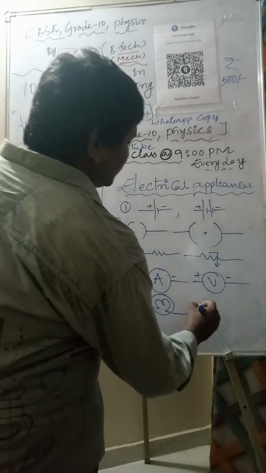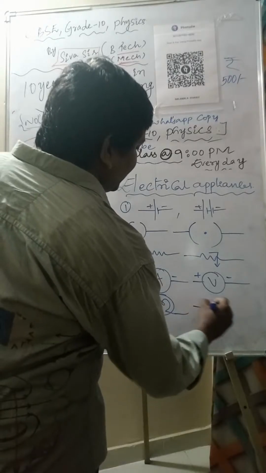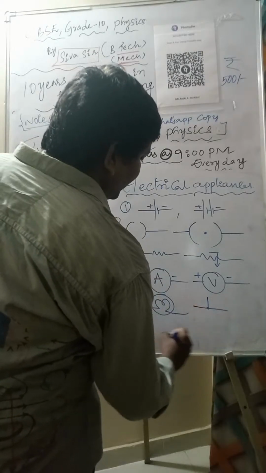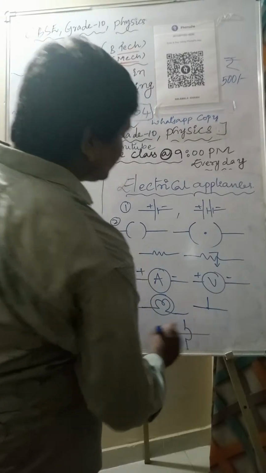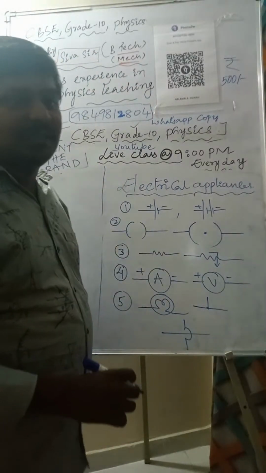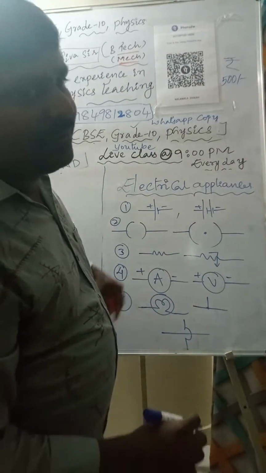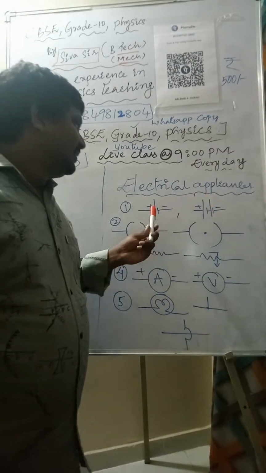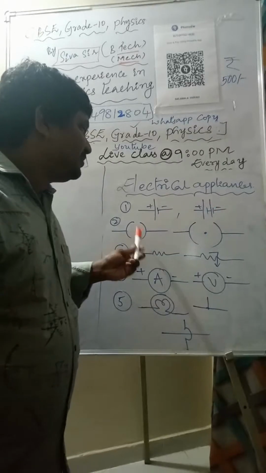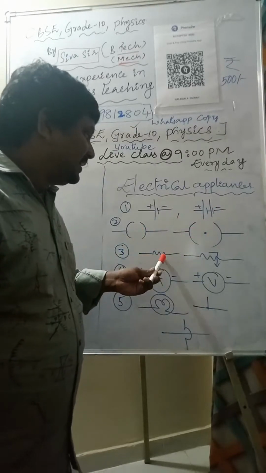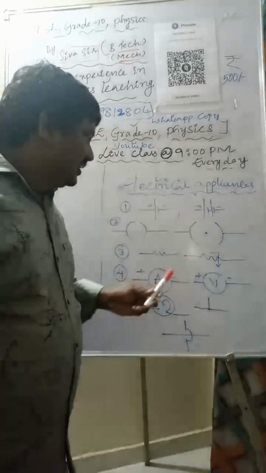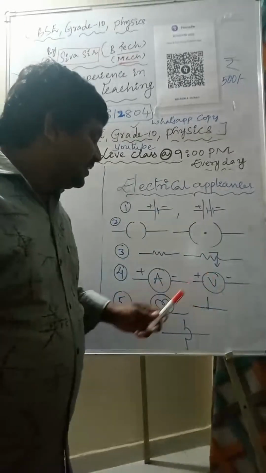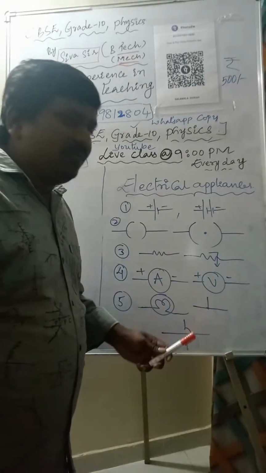Wire joining, wire crossing. So these are the points. Now you can see, here I am taking the cell, battery, open switch, closed switch, resistor, rheostat, ammeter, voltmeter, bulb, wire joining, wire crossing.